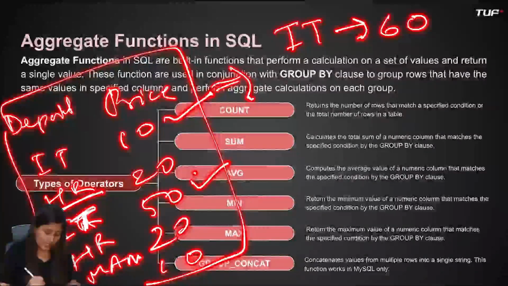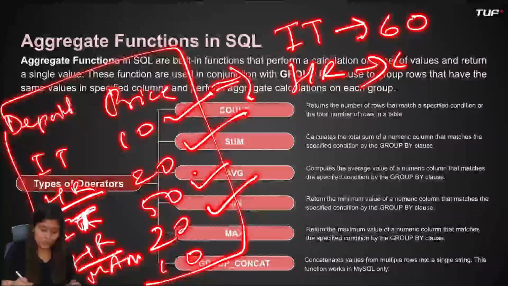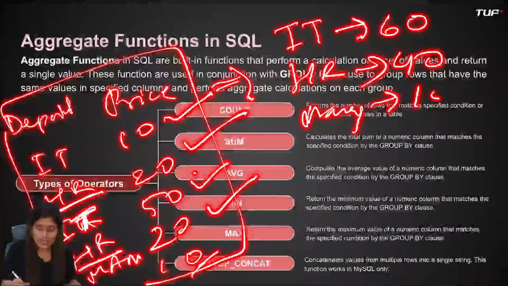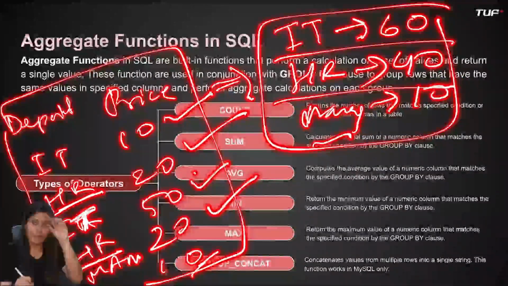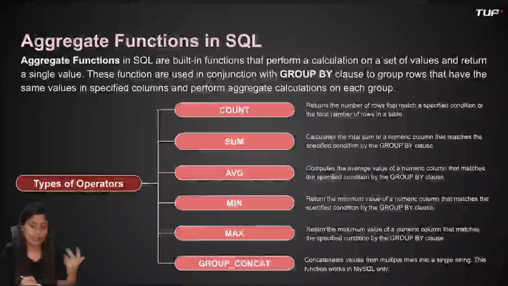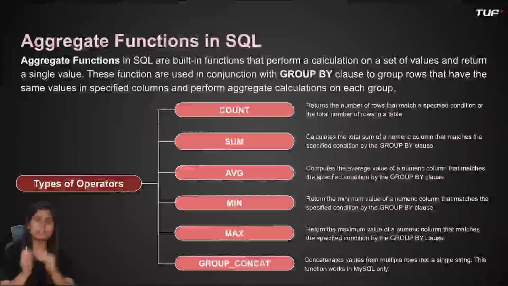Then HR: the summation will be 20 plus 20, so 40. Manager is alone, so the price is 10. This is how the group by clause groups according to some other attribute and then performs the summation, or the other aggregate functions like count, sum, average, minimum, maximum.